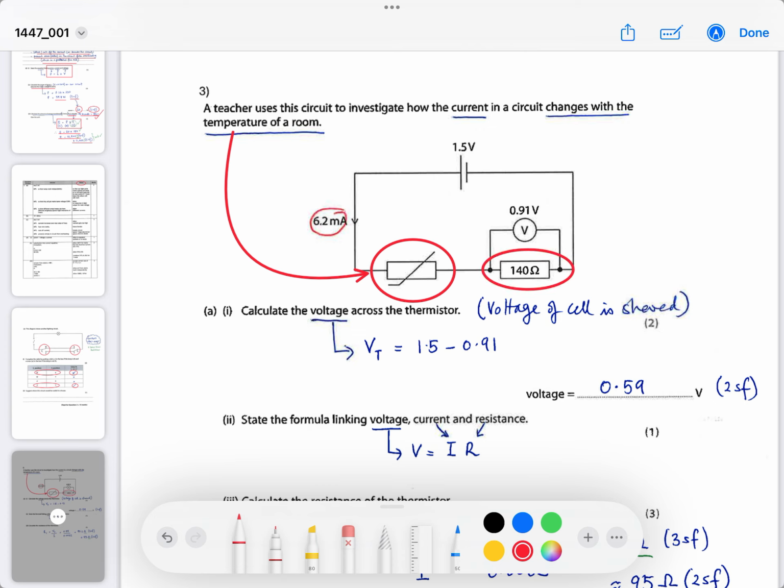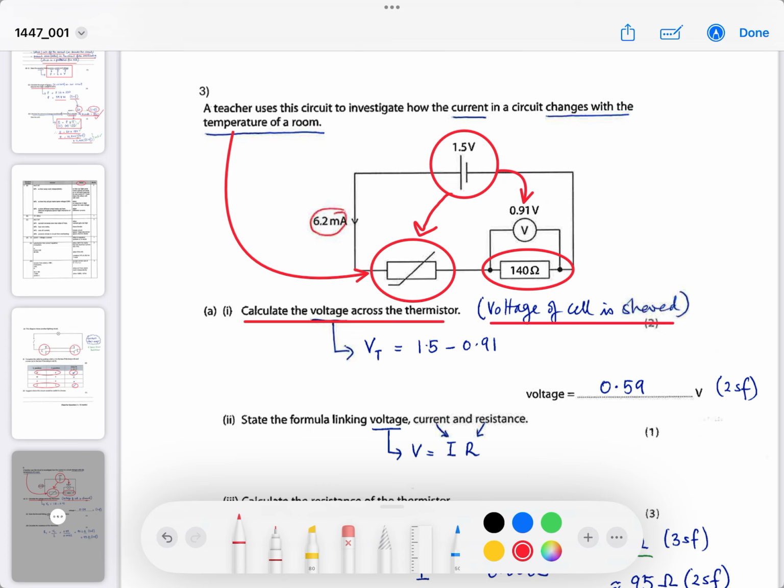The total EMF supplied by the battery or the cell is 1.5 volts, and that 1.5 volts is shared between the fixed resistor, which takes 0.91 volts, and the rest will go to the thermistor. So calculate the voltage across the thermistor. Remember, the voltage of a cell is always shared between the components in a series circuit.